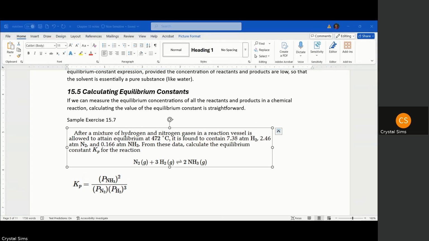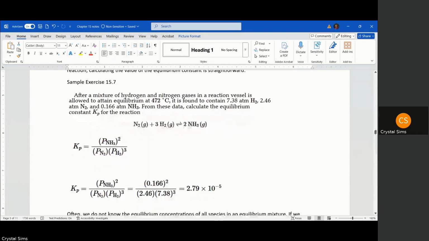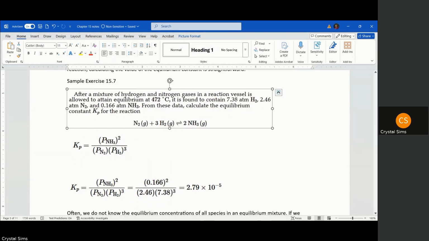And now from here, we're ready to just plug everything in from the problem that was given to us. We have the partial pressure of ammonia there, nitrogen here, and hydrogen there, and we simply do the math. And that comes out to 2.79 times 10 to the negative 5. I'm going to use 3 sig figs because that is what was given to me in the problem.